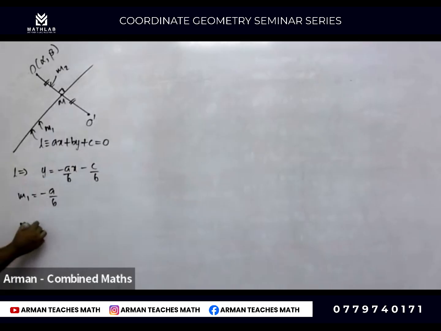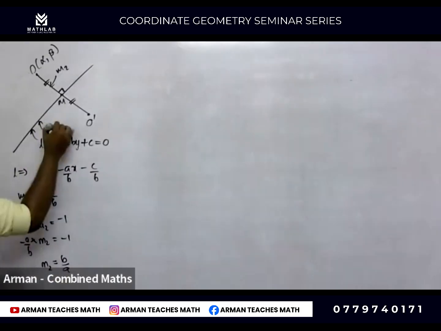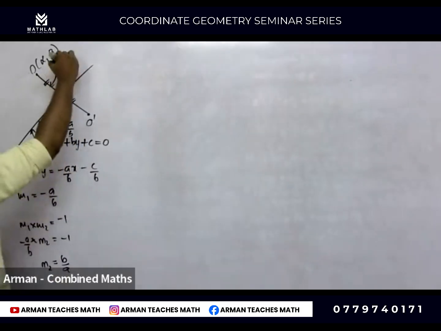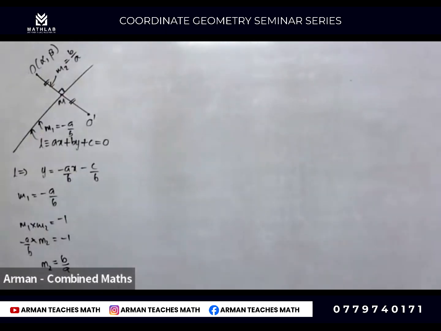Since m1 times m2 is equal to minus 1, we get m2, here m1 is minus a over b, so this is equal to minus 1. From this we get m2 is equal to b over a. m1 is equal to minus a over b, m2 is equal to plus b over a.